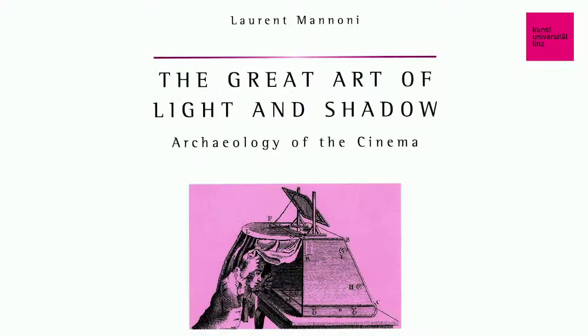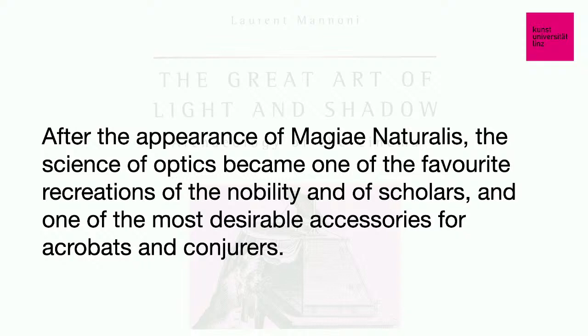So to put all of this in perspective, I'd like to read an anecdote from Laurent Manon's The Great Art of Light and Shadow, Archaeology of the Cinema. "After the appearance of Magia Naturalis, the science of optics became one of the favorite recreations of nobility and scholars, and one of the most desirable accessories for acrobats and conjurers."